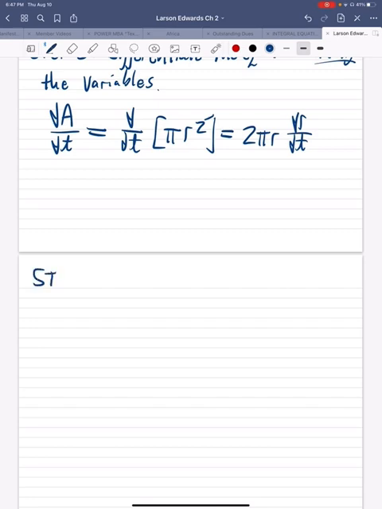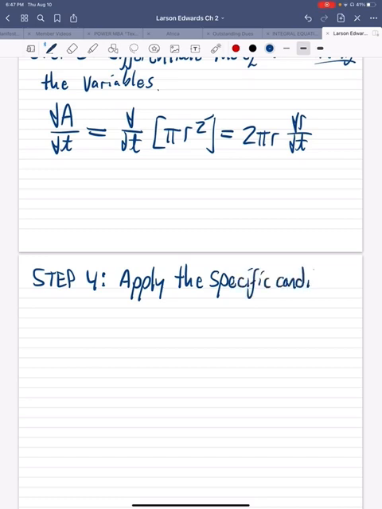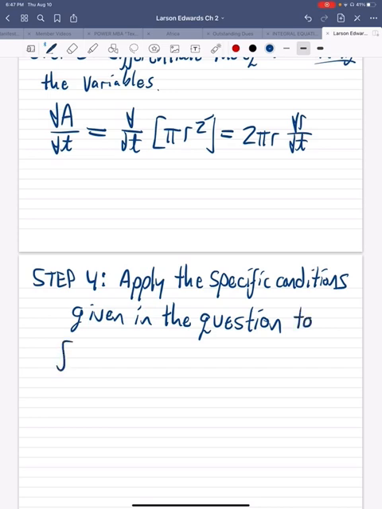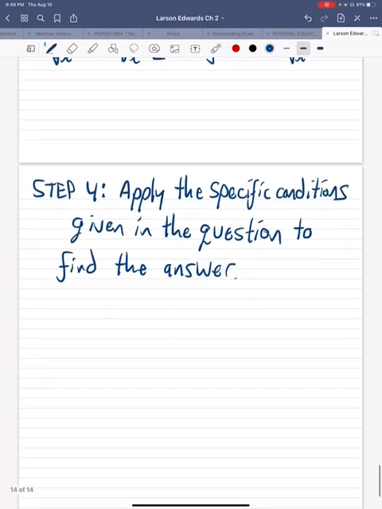Now is the final step. Apply the specific conditions given in the question to find the answer. What do I mean by that?